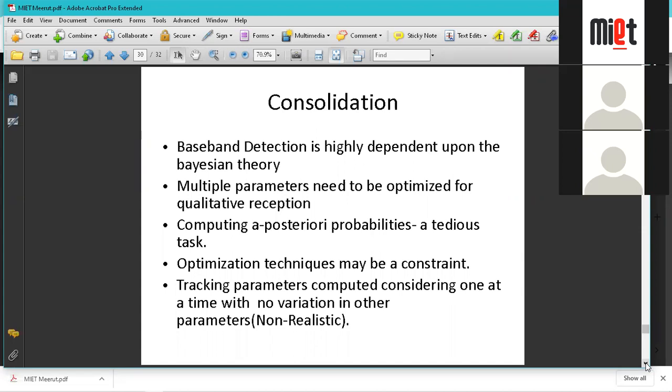Multiple parameters should be optimized because multiple parameters are difficult to understand. And in case we can optimize them, that will definitely lead to qualitative reception.